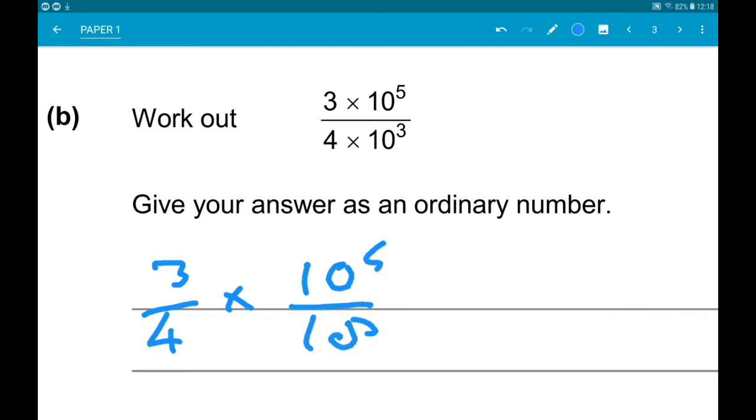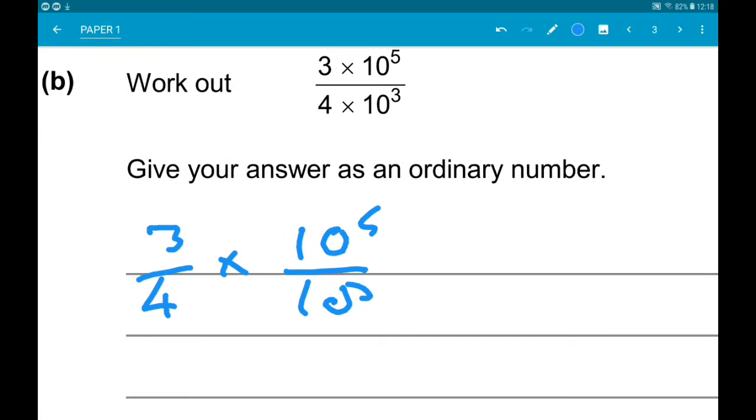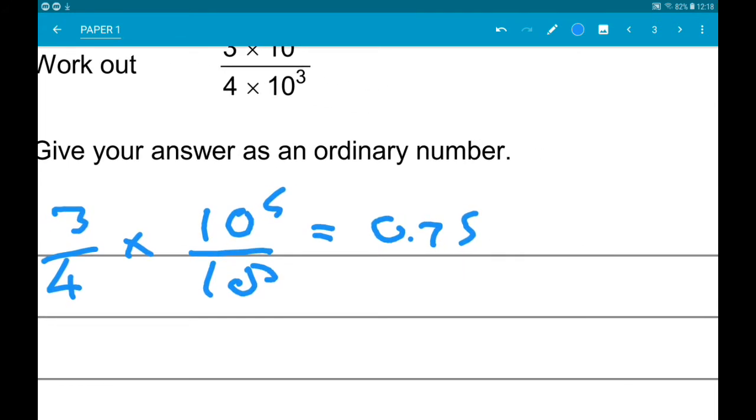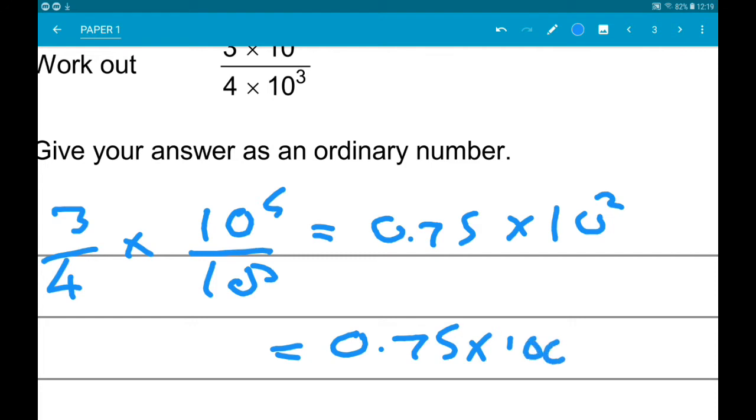Now the reason we can do that is because when you multiply fractions, you do the top times the top over the bottom times the bottom. 3/4 is 0.75. Now 10 to the 5 divided by 10 to the 3 is 10 to the 2. Now 10 to the 2 is 100. So this is 0.75 times 100, which is 75.